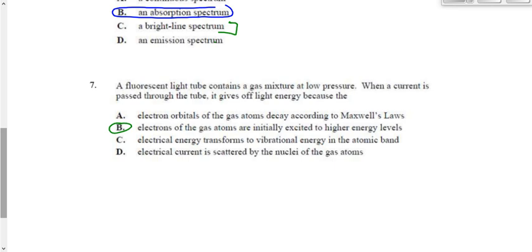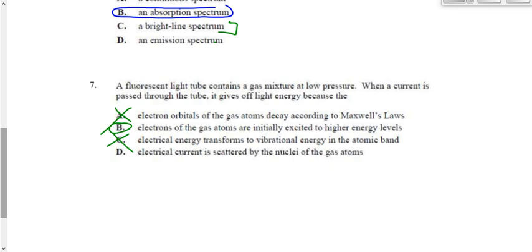The answer for us is going to be B here, because the electrons of the gas atoms are initially excited to higher levels, and then, it doesn't say this, but then they're going to go back down to lower levels, giving off EMR. According to Maxwell's laws, we never talked about Maxwell in this context, transformed to vibrational energy in the atomic band. That doesn't sound right. An electric current is scattered by the nuclei.